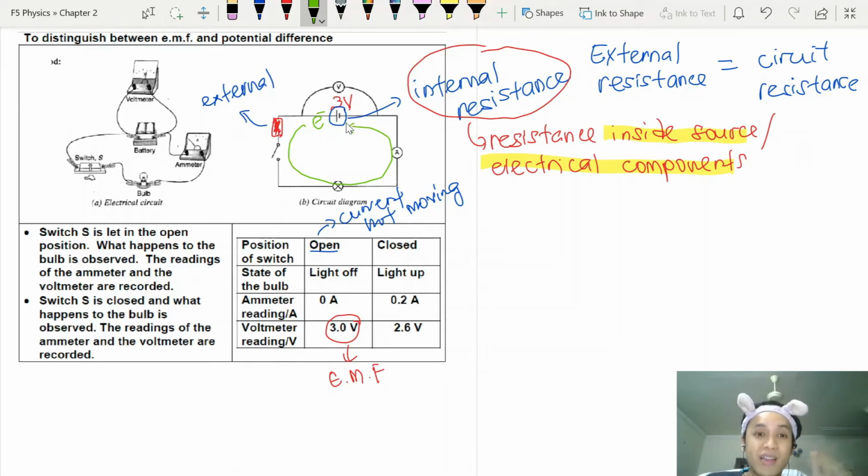The moment they enter the battery, they have to pay toll. So in other words, your net will always be lesser than your EMF. That's why in a circuit, very rare you will see light bulbs getting the exact voltage as the battery. Because battery itself you have internal resistance, so the voltage value will always slightly be lower.